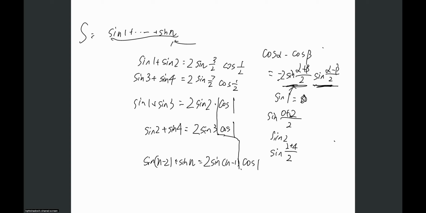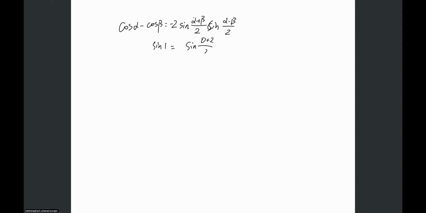If I can express this one, I can express that sine 1 equals, yes, cosine alpha minus cosine beta equals negative 2 sine of alpha plus beta over 2 times sine of alpha minus beta over 2. Something like that. So firstly, sine 1 equals sine of 0 plus 2 over 2, right?